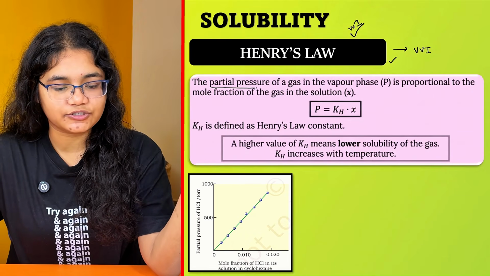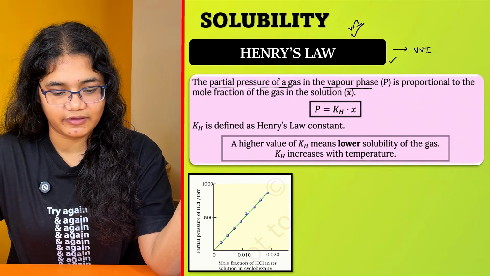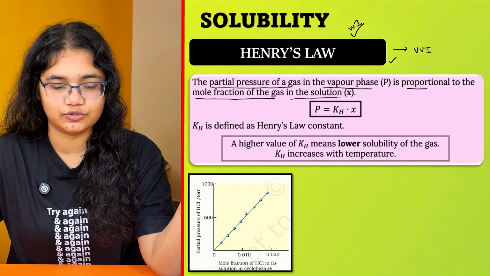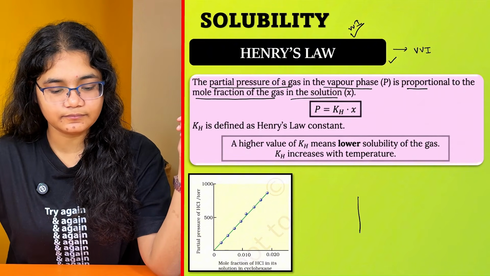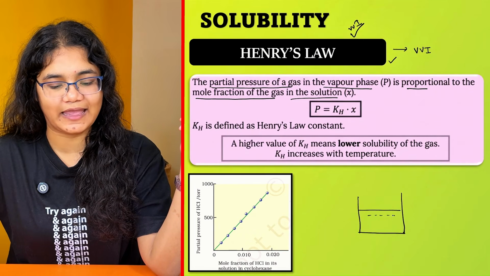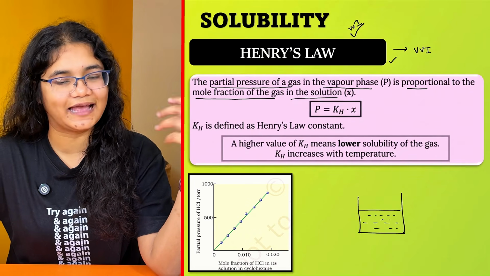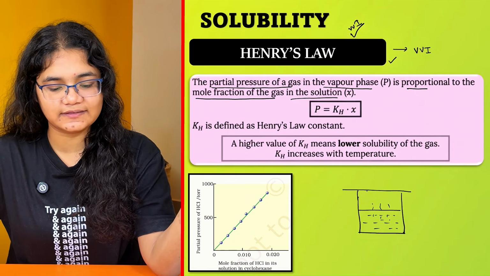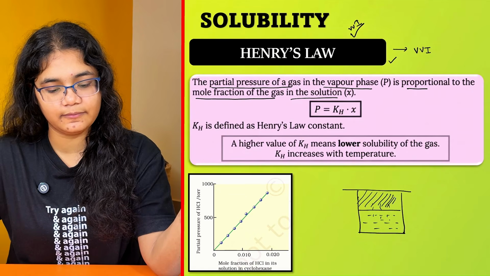The partial pressure of the gas in the vapor phase is proportional to the mole fraction of gas in the solution. What it says is, if you have a solution where some gas is dissolved, that gas will also evaporate. When this gas evaporates, some pressure is created.